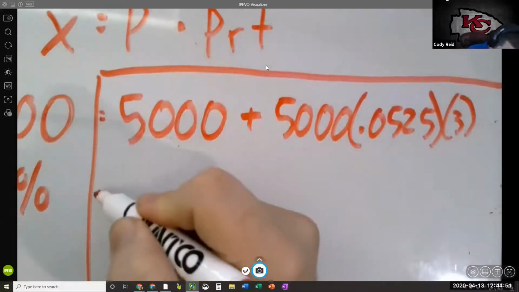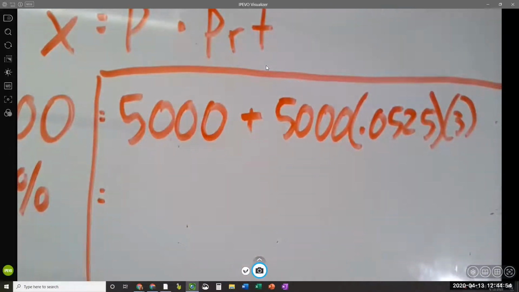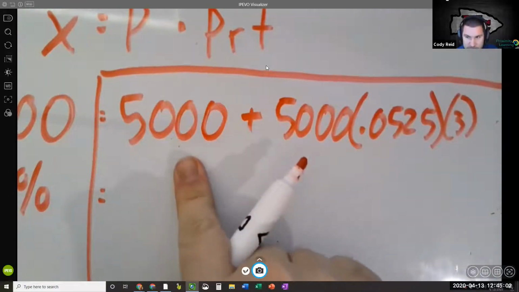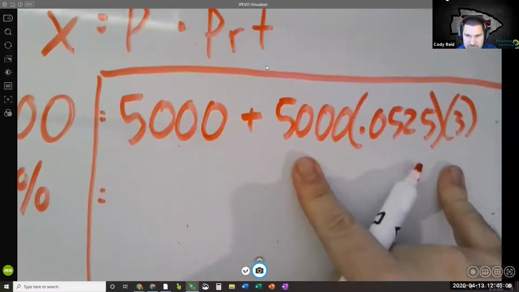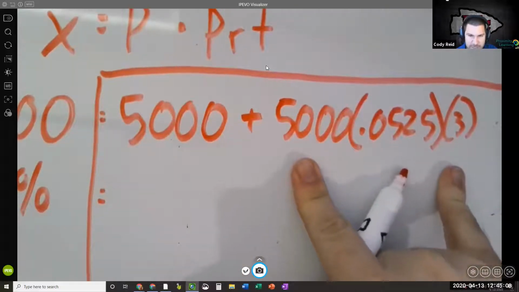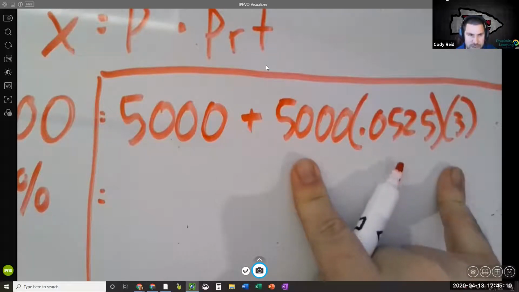Any questions so far? No? Okay. Wait, but why do you put 5,000 plus 5,000? Because this is what we started with, right? This is going to be how much money we earned in interest, how much money we earned by putting it in the bank.